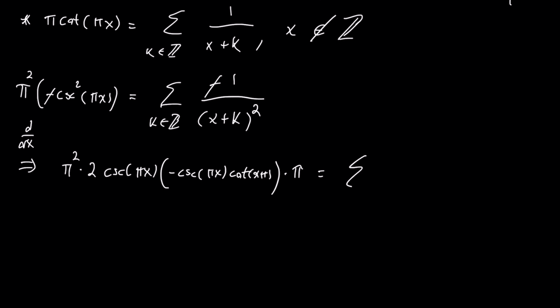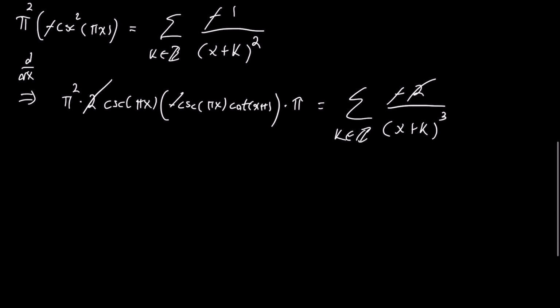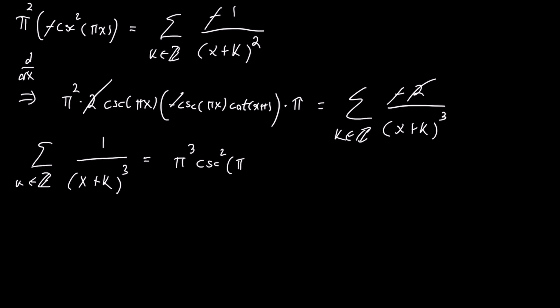And then we're going to have the sum over all integers k of minus 2 over (x plus k) cubed. And this negative will cancel with this negative, and this 2 will cancel this 2. So we're going to have the sum over all integers k of 1 over (x plus k) cubed is equal to pi cubed cosecant squared of pi x times the cotangent of pi x.